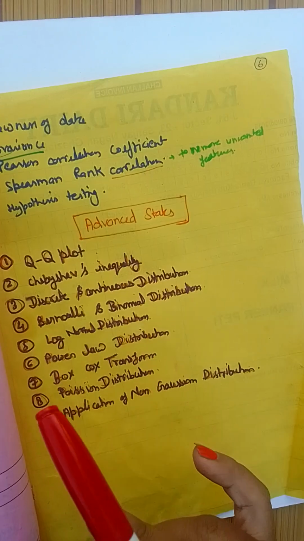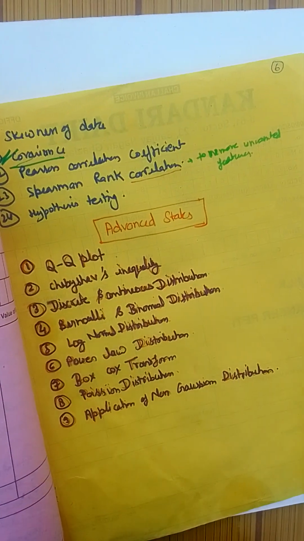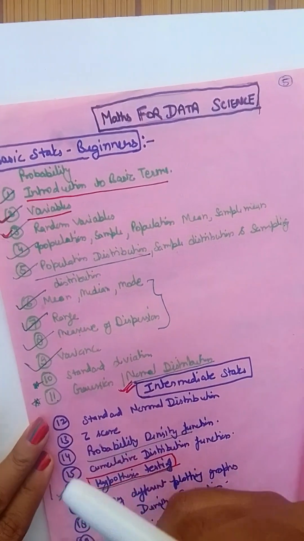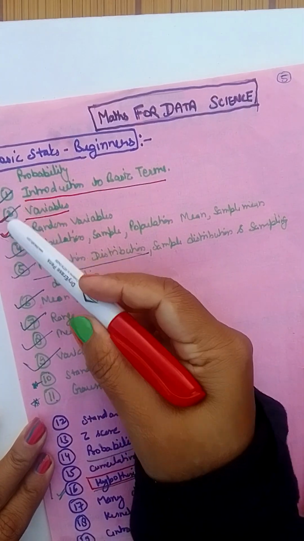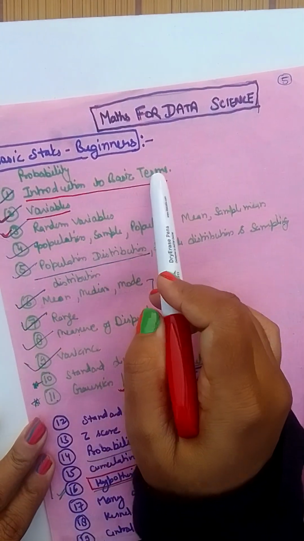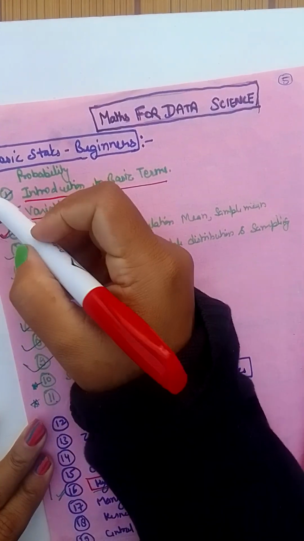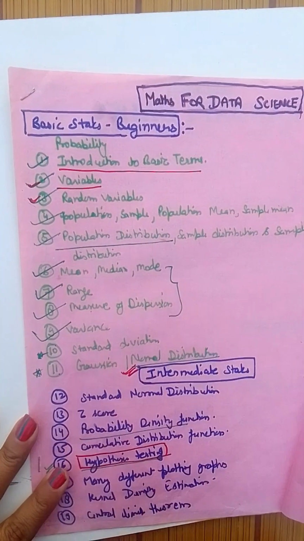So before teaching you data science, I told you in that particular video that I'll teach you maths and stats, and under maths and statistics I have given you these terms. Which terms? These I already taught you in my previous video. All these terms which I have clicked, the right marks. Fine. These all topics I have already taught you.